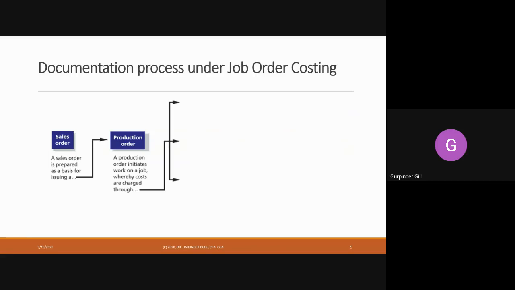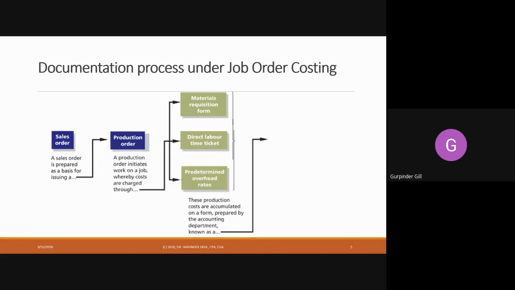The production order is the initiation of the job, where the costs are charged through three main pieces. The first is your material requisition form. The second is your direct labor, or time tickets. And the third is your predetermined overhead rate.